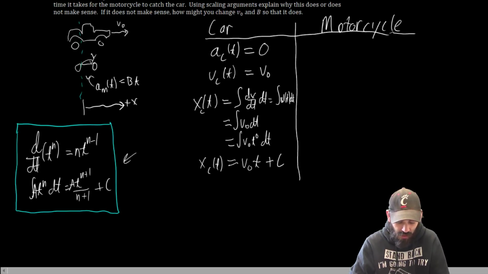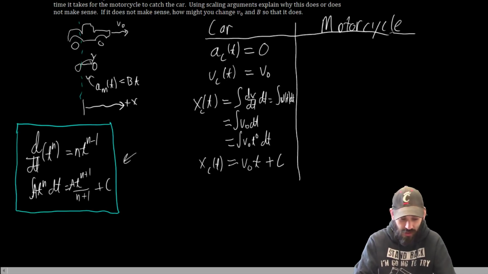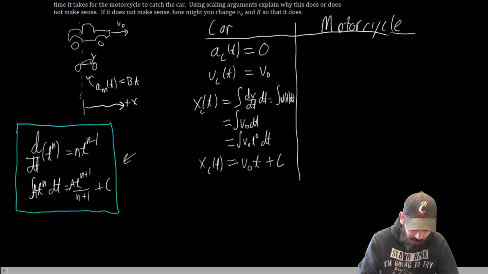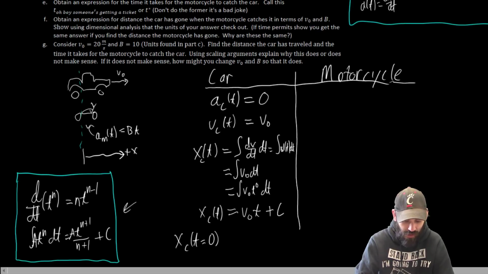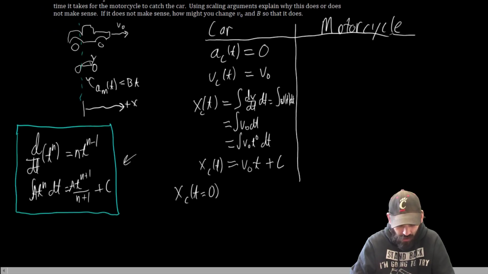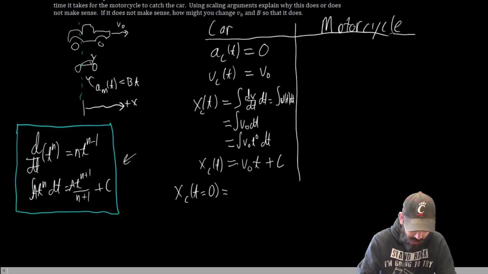Okay, so now we have almost our equation for the car, but in order to finish it, we need to determine what the constant of integration is. And in order to do that, we're going to make use of the initial conditions. So what do we know about the car initially? Well, we're defining our coordinate system so that both the car and the motorcycle are at 0 initially. Okay, so that's to say that this is equal to 0.